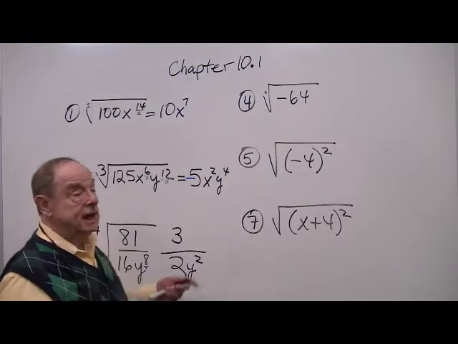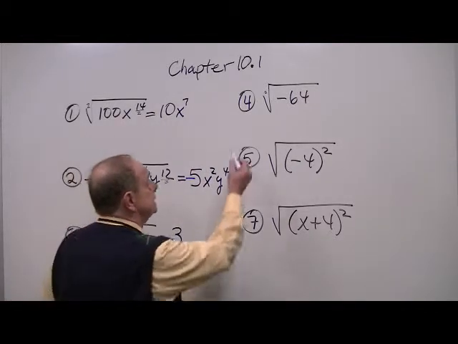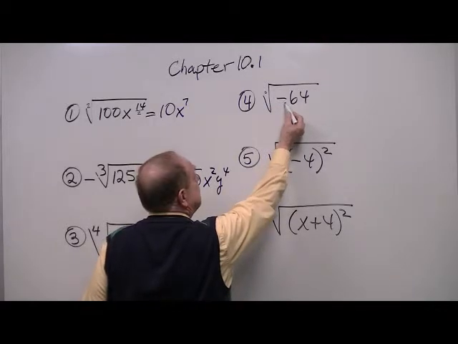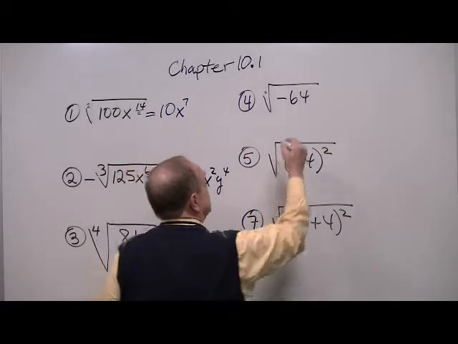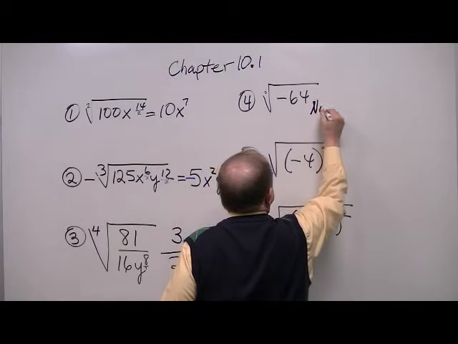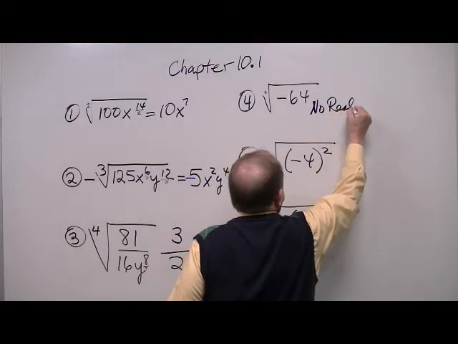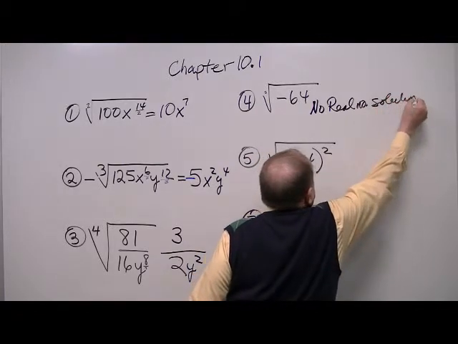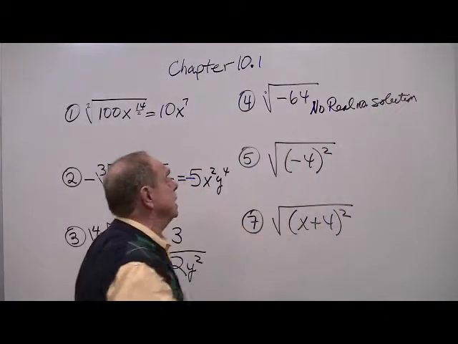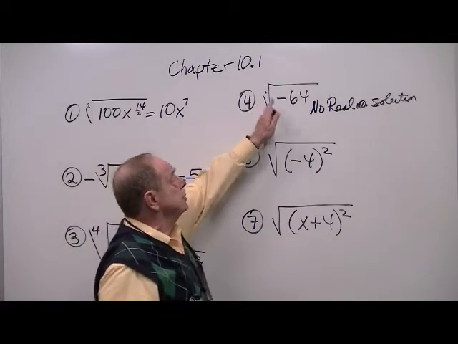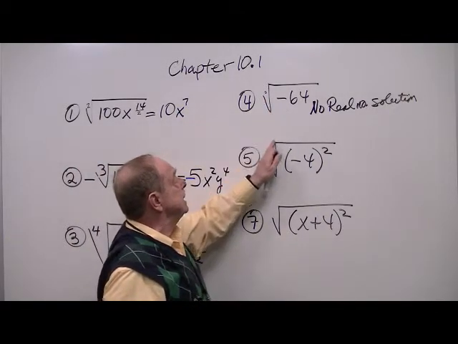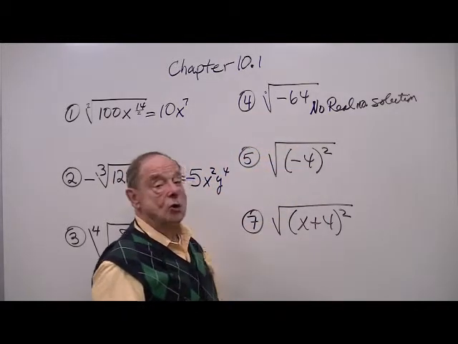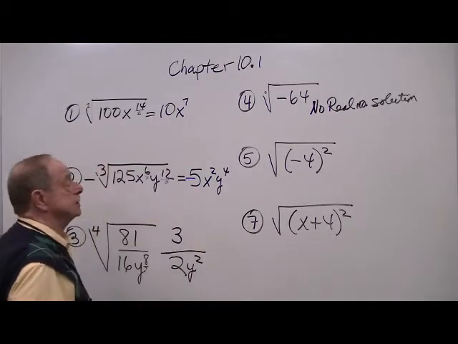So what we say when we see something like this, where it's an even index number and there's a negative under the radical sign, we write no real number solution. So once again, under the radical sign, if it's an even index number and you have a negative, the answer is no real number solution.